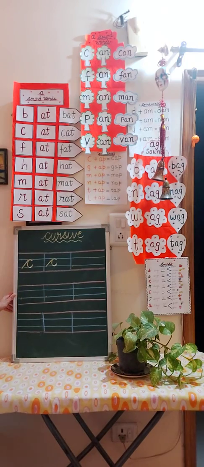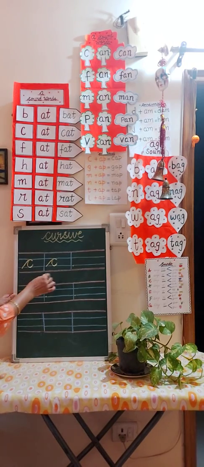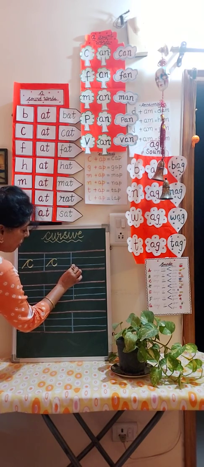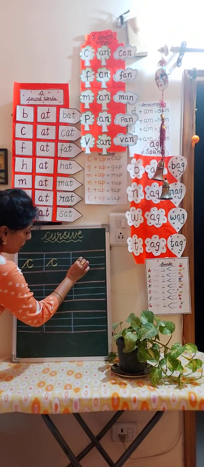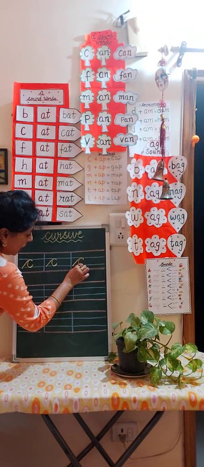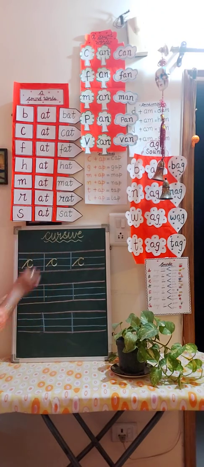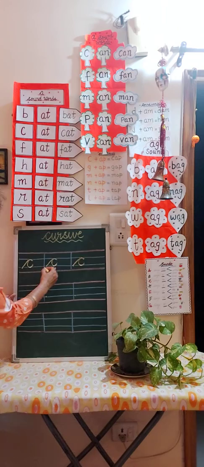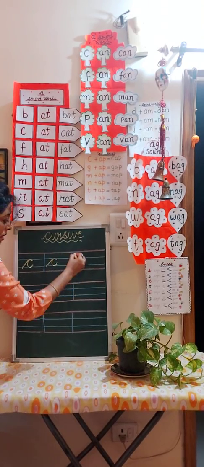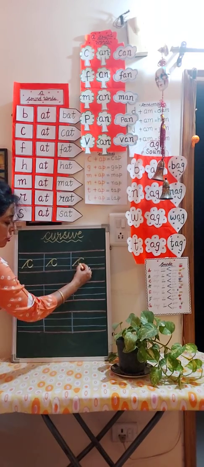This is C. See again, starting from the corner, starting from the dot, slant up, down, turn, touch blue line, go up. This is C. Your hand movement should be very flexible. You don't have to press it. You should write it in one stroke.